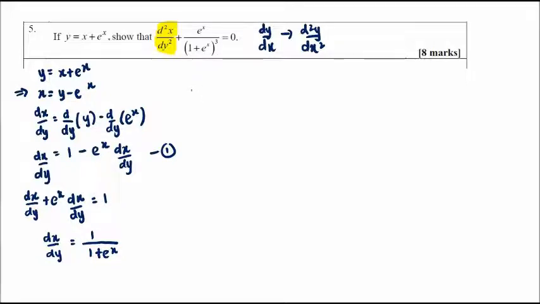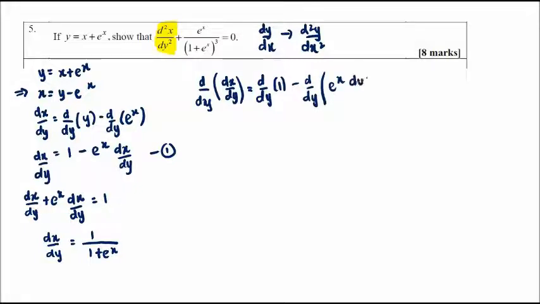So now in this equation, kita nak show d squared x over dy squared, which is dia punya second derivative. Okay, so untuk nak selesaikan second derivative dekat sini, kita ambil daripada persamaan yang pertama. Okay, so if we differentiate again, d dy of dx over dy equals to d dy of 1, differentiate 1, minus d dy of exponent x and dx dy lah dekat sini.